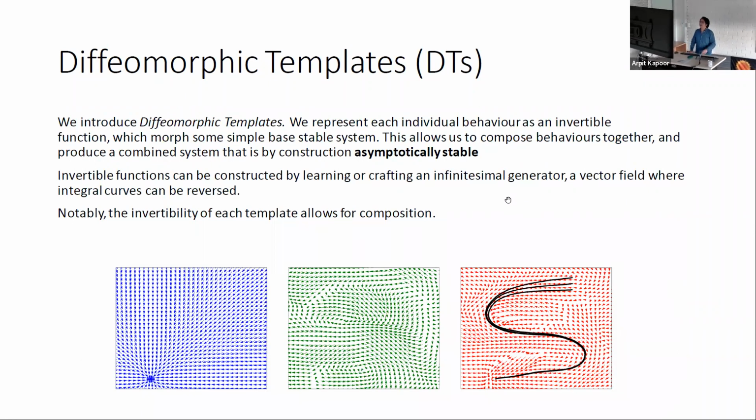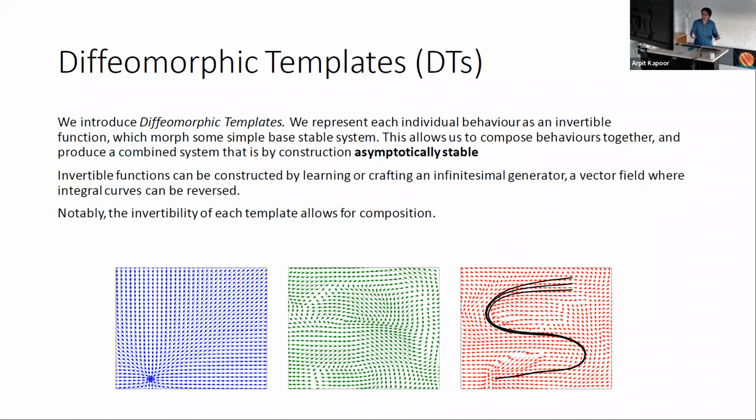Okay, so the framework that we propose is the Diffeomorphic Templates framework. To get to the bottom of this, we have an additional requirement for the motion that we want to generate.